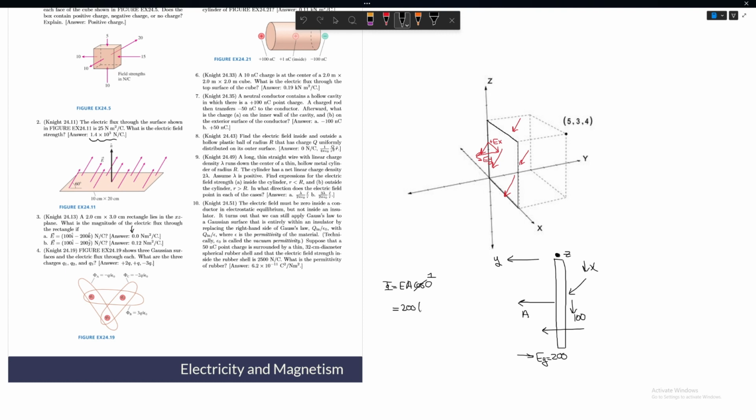And the area, 0.02 times 0.03. That equals negative 200 times 0.02 times 0.03, negative 0.12 flux, newton meters squared per coulomb. And that is 0.12. We don't make mistakes.